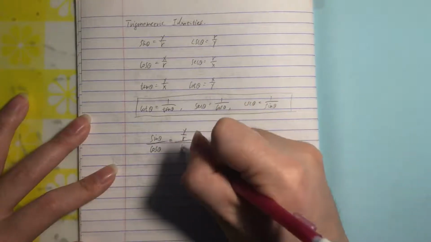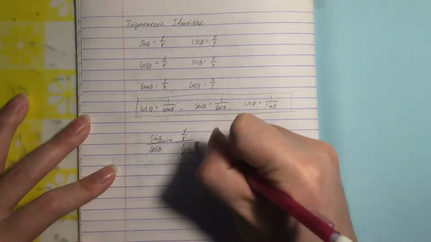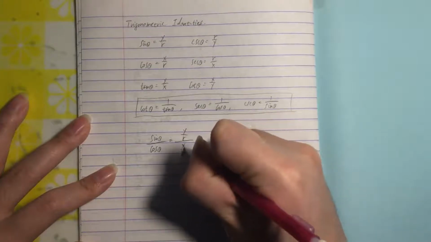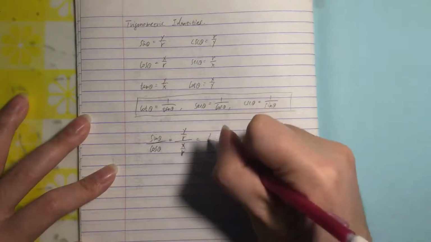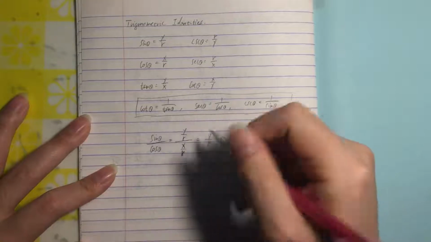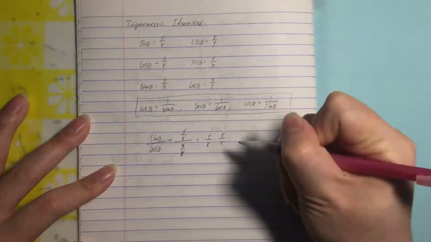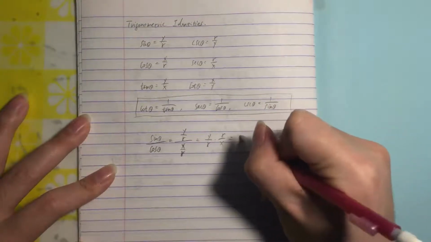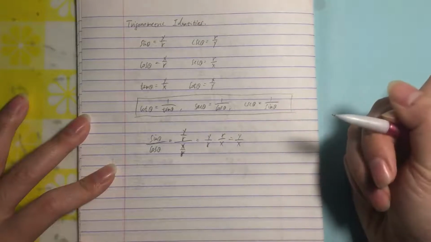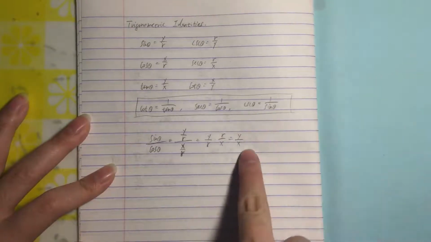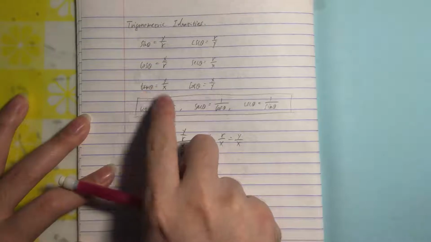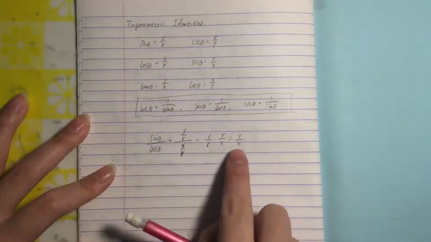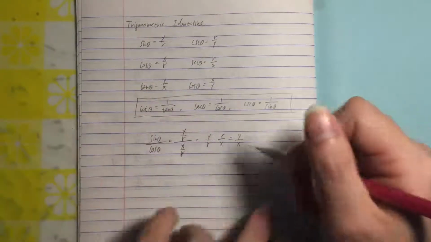Cosine theta can be rewritten as x over r. When we have a fraction divided by a fraction, we keep the top the same and flip the bottom over. Then r can cancel. What's left is y over x. And y over x is exactly the same as tangent.